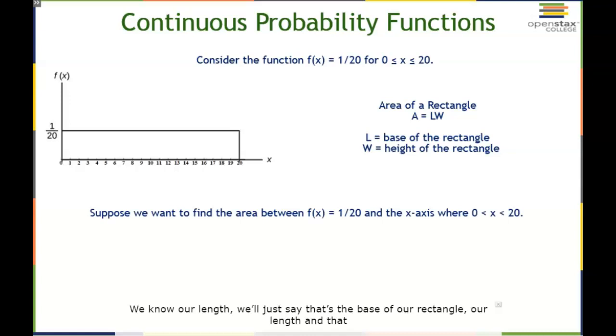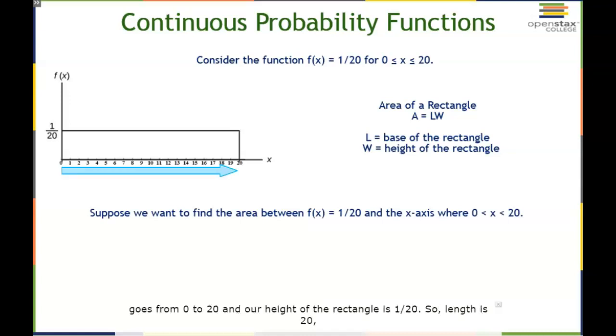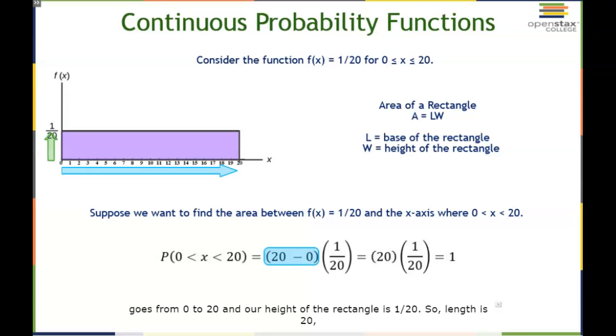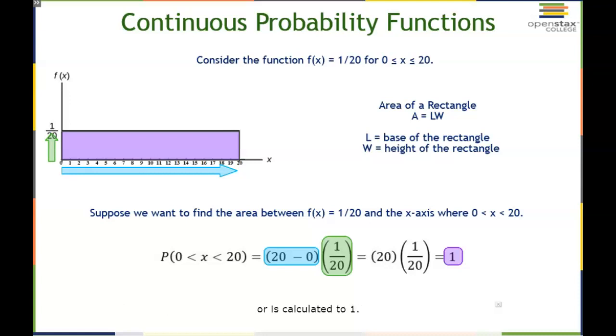We know our length, we'll just say that's the base of our rectangle, and that goes from 0 to 20. And our height of the rectangle is 1/20th. So length is 20, width is 1/20th. 20 times 1/20th is 1. So our area definitely in our rectangle adds up to 1.